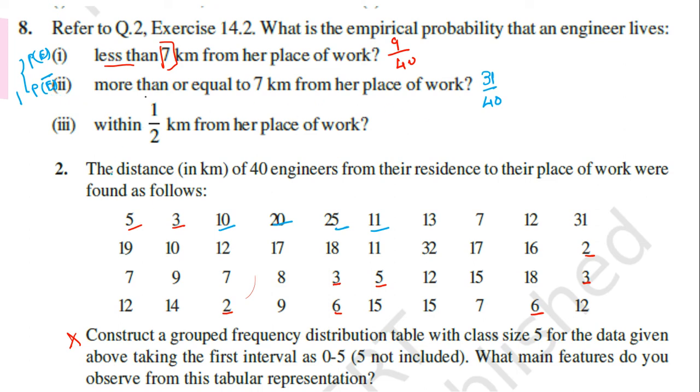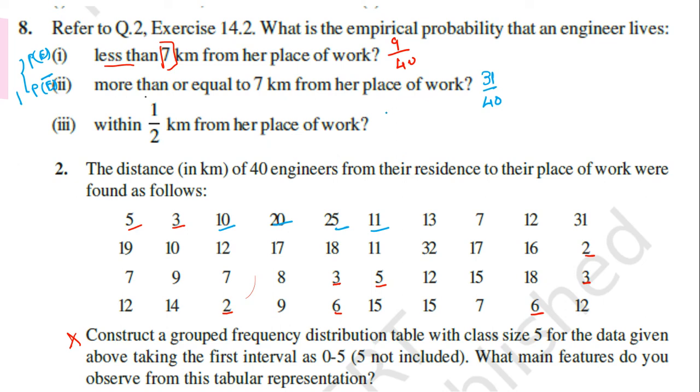Then the last but not least, within 1.5 kilometers from her place of work. Is anybody there? No. Is there any single person whose distance is within 1.5 kilometers from the workplace? Nobody is there here.